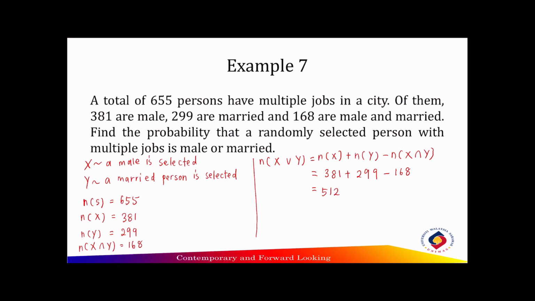Hence, the probability of X union Y, meaning the selected person with multiple jobs is male or married, is n(X union Y) over n(S), which is 512 over 655. So that is our answer.